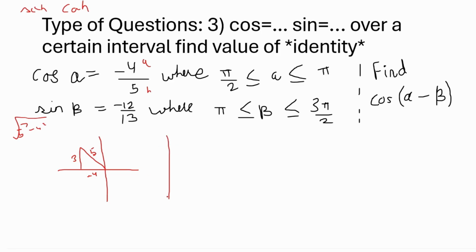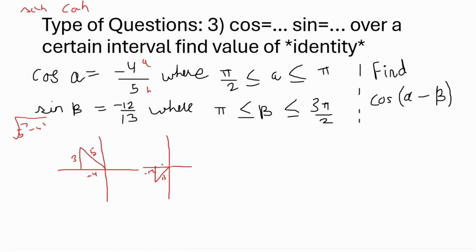For the other one, same thing. You just make its own triangle. It's between pi and 3 pi over 2, so this quadrant. Now your triangle looks like this: the hypotenuse is 13, and your sine, which is the opposite, is negative 12.